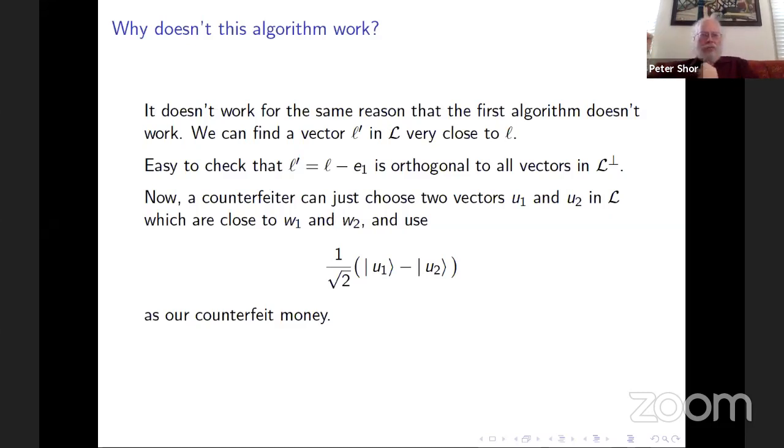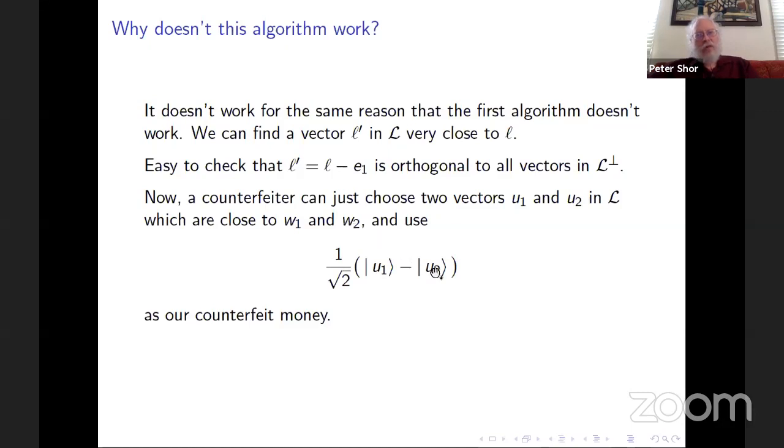So what the counterfeiter does is measure this superposition W1 and W2, and he either gets a U1, which is close to W1, or gets a U2, which is close to W2. But if it's a U1 close to W1, he can find U2 by adding L prime to it, and L prime is a vector in our lattice. So if U1 is a lattice point close to W1, then U1 plus L prime, which is U2, is a lattice point close to W2.